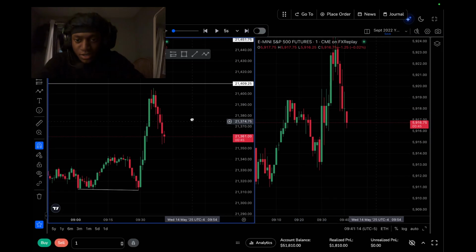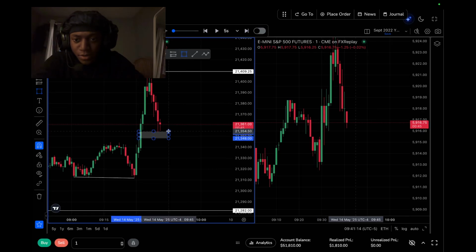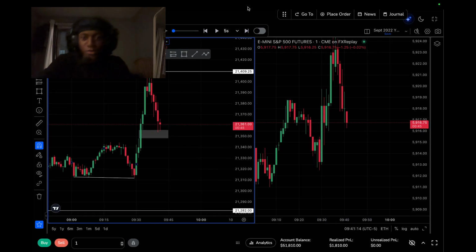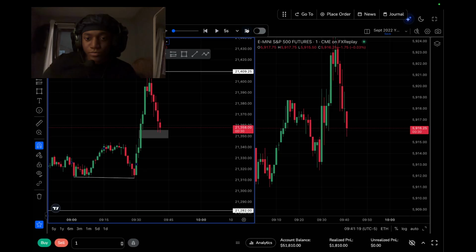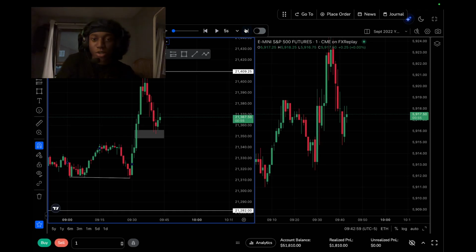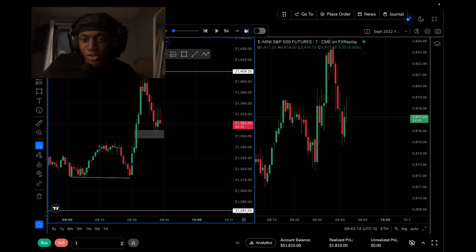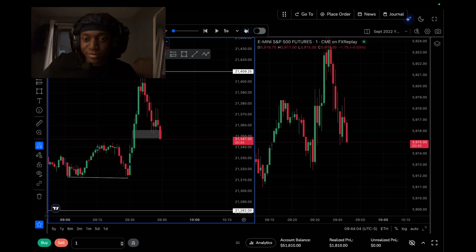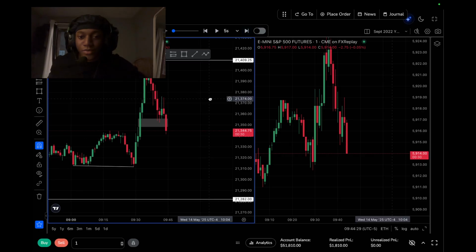I would like to see, and we also have this 1-minute gap here which we've just tapped into, I would have preferred to see a bullish closure. Not close. Now we're getting displacement lower.